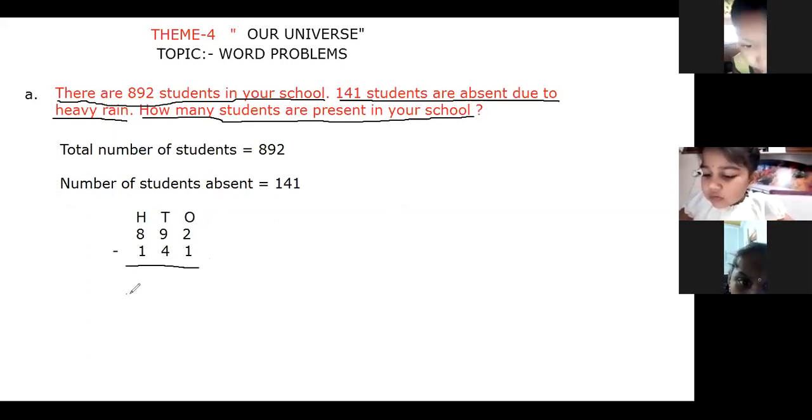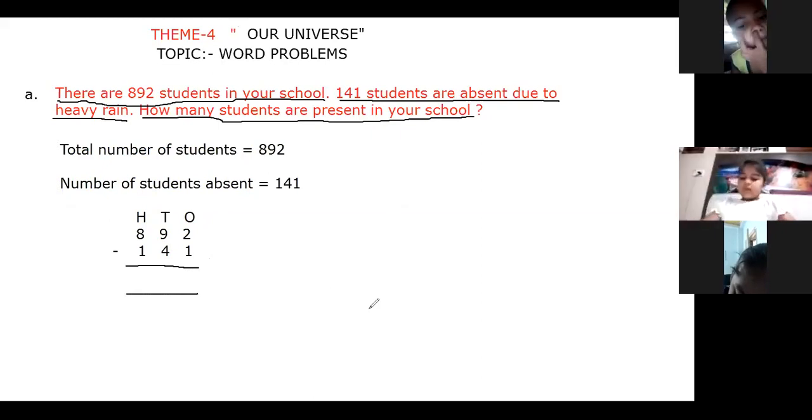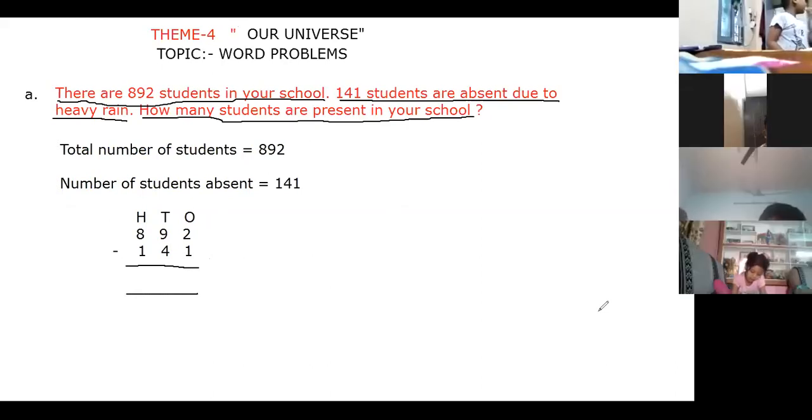So we'll start now. Whenever we are subtracting 3-digit numbers, or whenever we are adding 3-digit numbers, we always start from the ones place, right? Shrivas, you tell me, 2 minus 1, how much? Yes, 2 minus 1 is 1. 9 minus 4? 5.